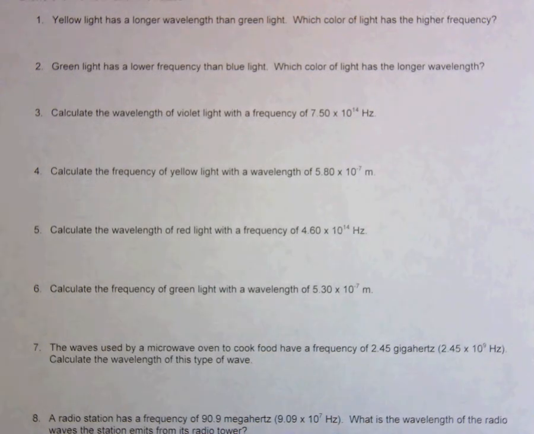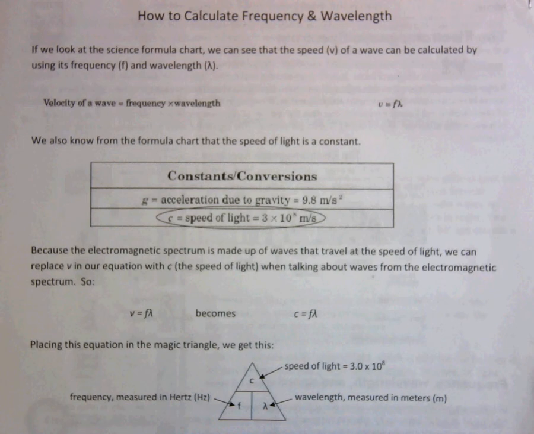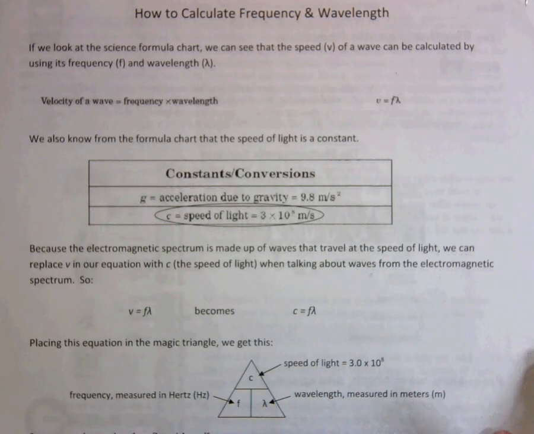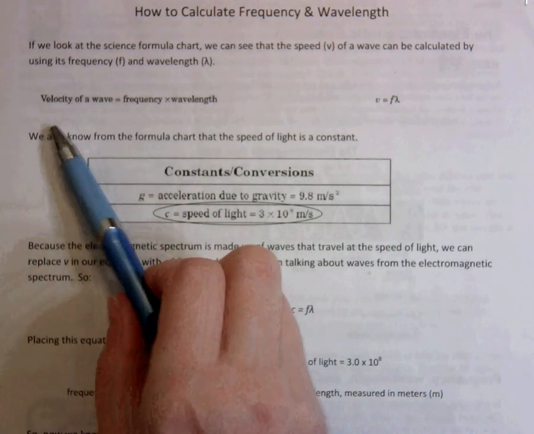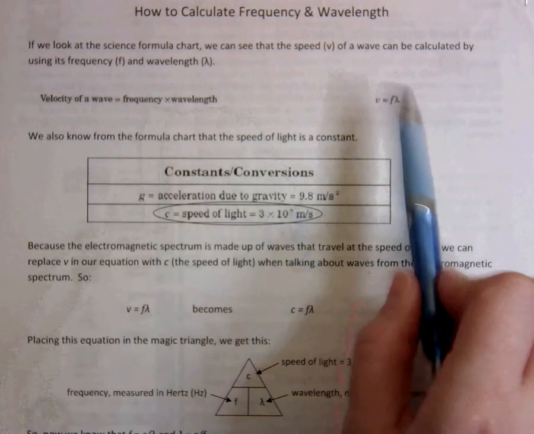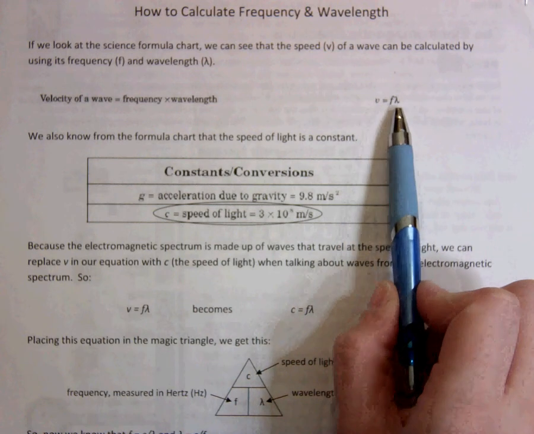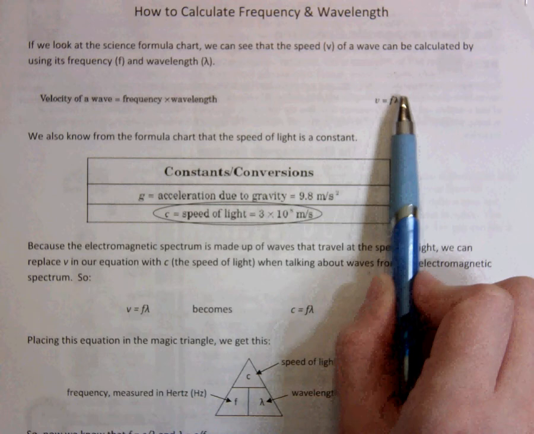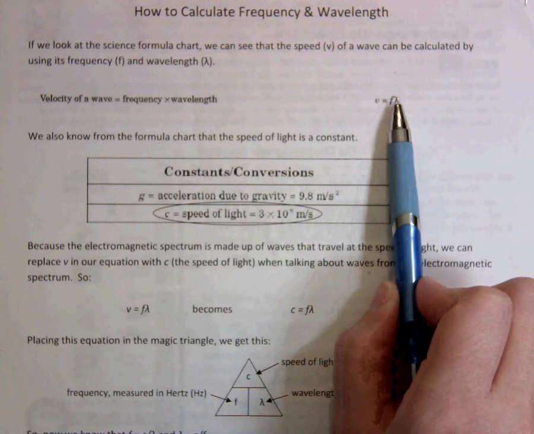Now in your reading materials, the back page of your reading is a worksheet called How to Calculate Frequency and Wavelength, and it goes through how to do it. Here's the formula: velocity of a wave equals frequency times wavelength, which can be shorthand written as V equals F times, and this is the Greek letter L for length, and it's lambda. So it's kind of a weird looking letter, but that is L in Greek.